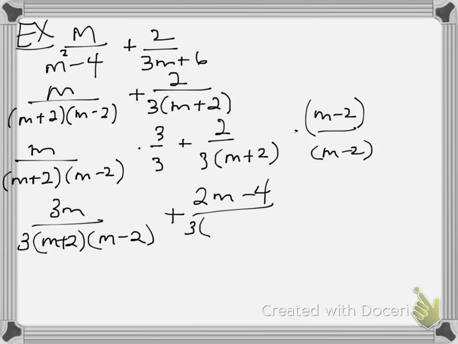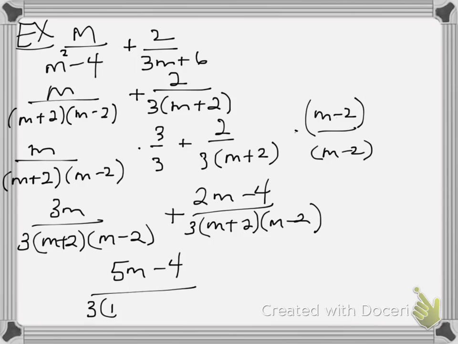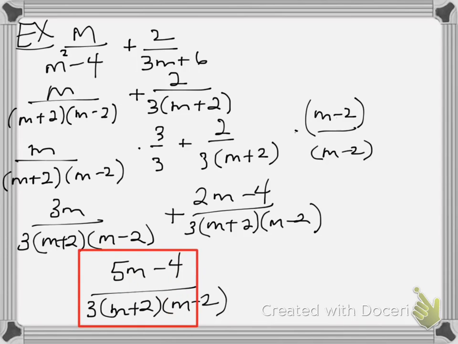We got our common denominators, right? 3 times m plus 2 times m minus 2. Okay. Now can I combine them? So now I end up with 5m minus 4 over 3 times m plus 2 times m minus 2. Boy, that's ugly.